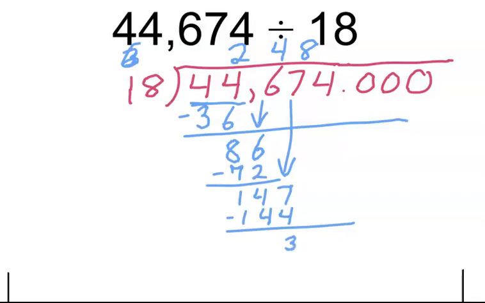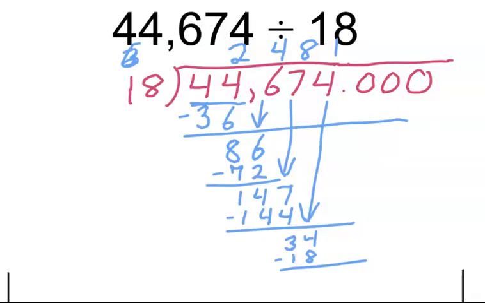And then zeros, so bring down the 4. How many times does 18 go into 34? Let's see, 18 times 2 is going to be 36. Well, it's going to be too many, right? So we can only do 18 for this one. So it's going to be 34 minus 18.